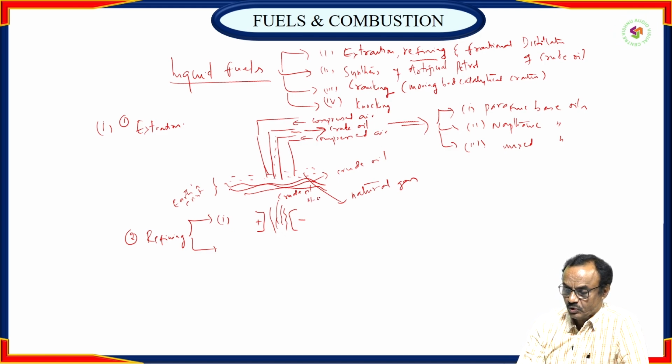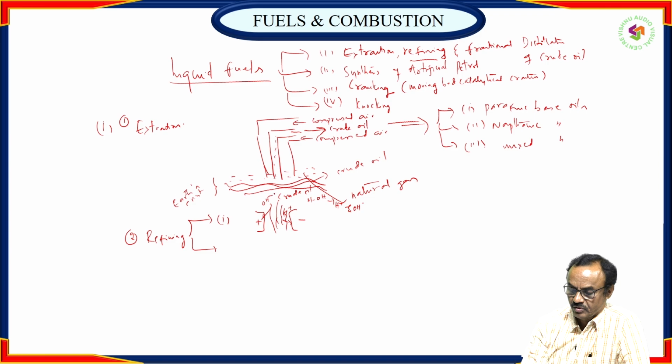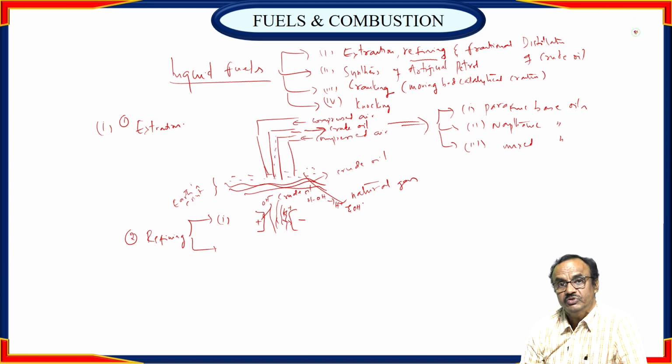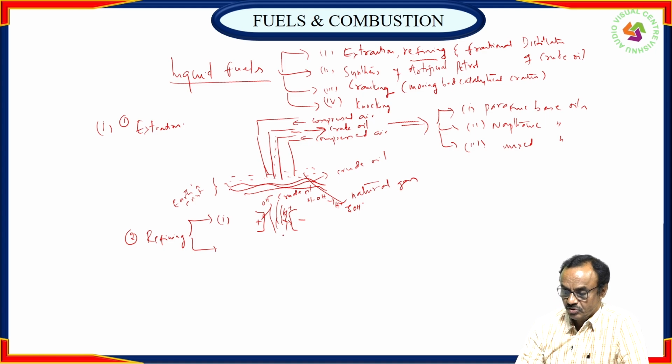H2O breaks into H plus and OH minus ions. The H plus ions move towards the negative pole and OH minus ions move towards the positive pole. This way you get pure crude oil, free from water.